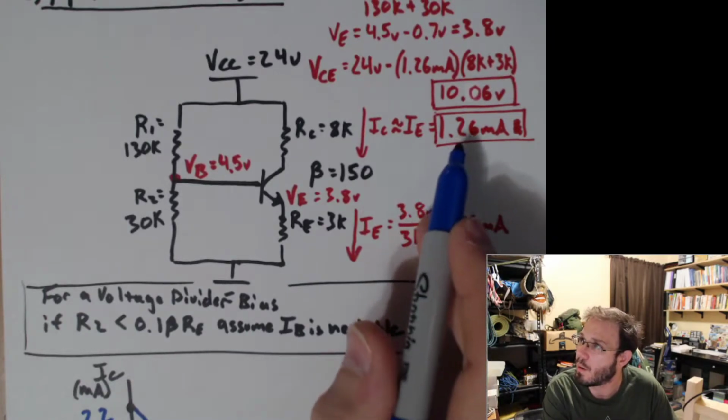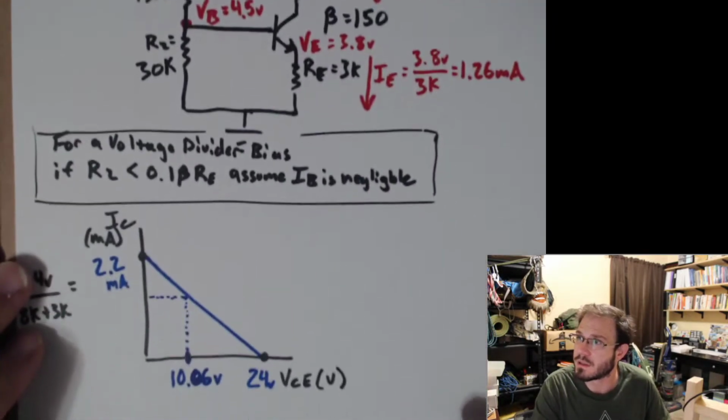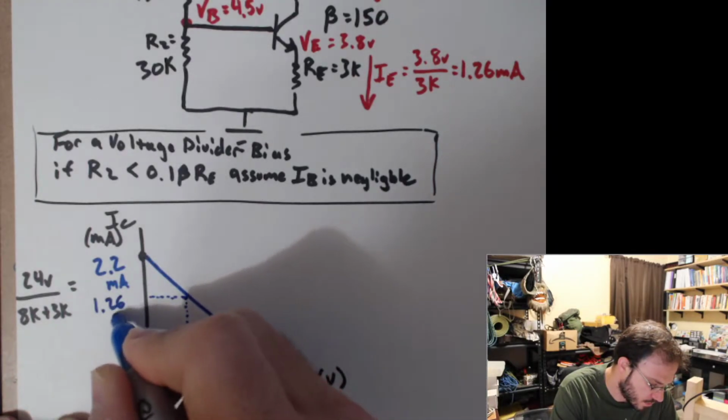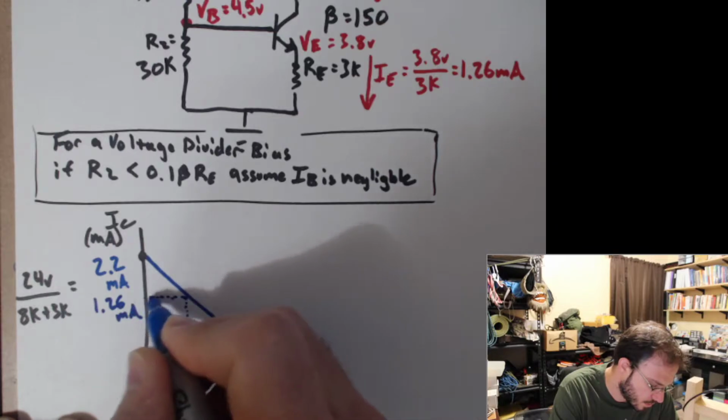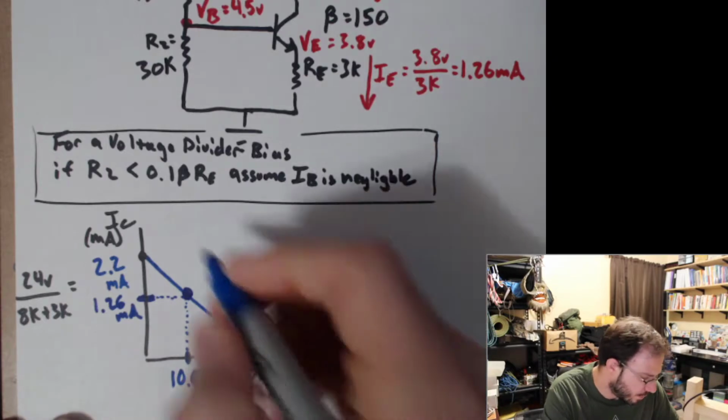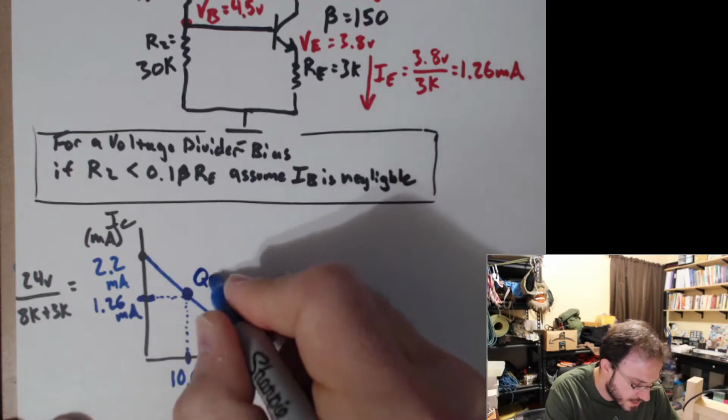Sure enough, we do: 1.26 milliamps. And here is our current operating point, or our quiescent point.